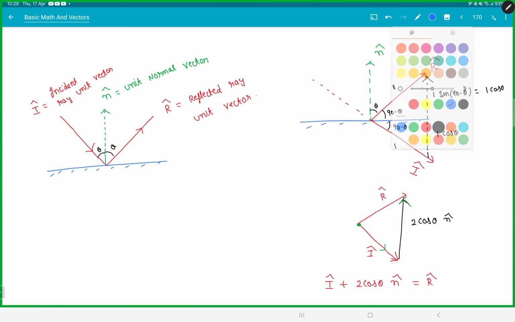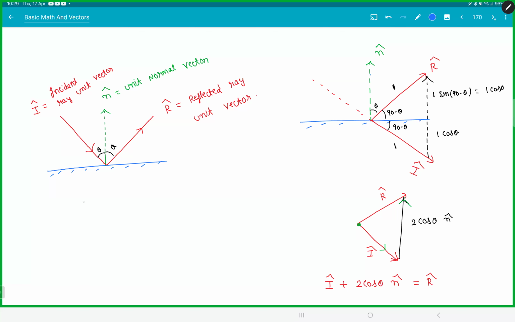Great. So look at this theta. If this is n cap and this is I cap, now be careful, the angle between the vectors is 180 minus theta. So I cap dot n cap will be mod I cap mod n cap times cos of 180 minus theta.